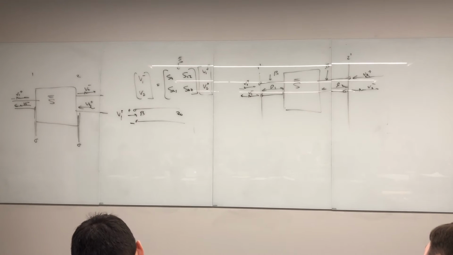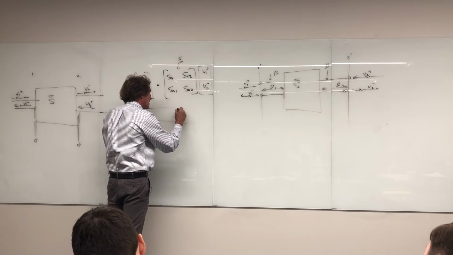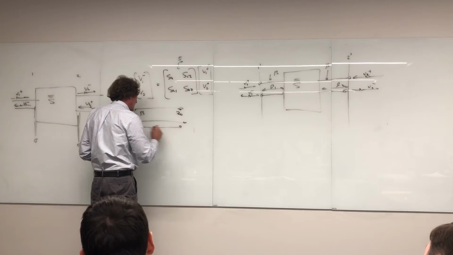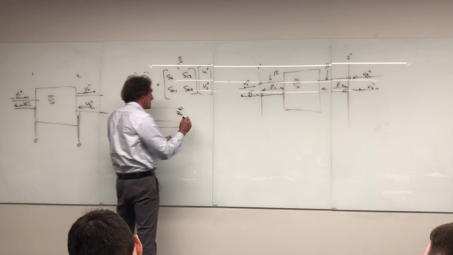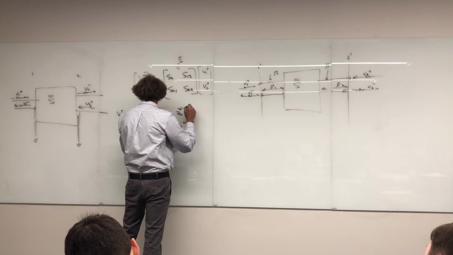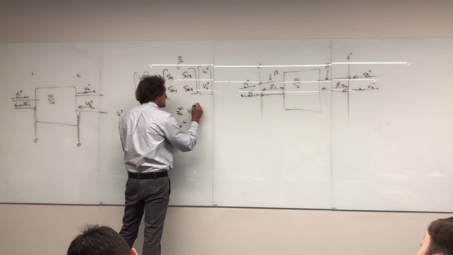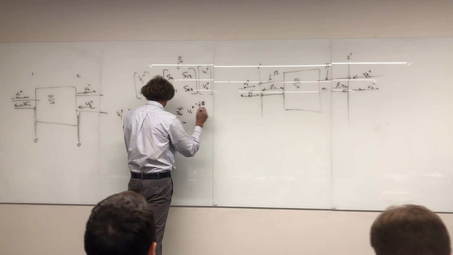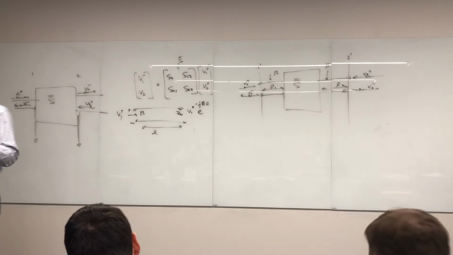It's propagating in that direction. Well, down here, if I go a distance L, then the actual signal here, if there are no losses, will be V1 plus, but it'll be delayed in phase by e to the minus j beta L. The only thing that does is change the phase.